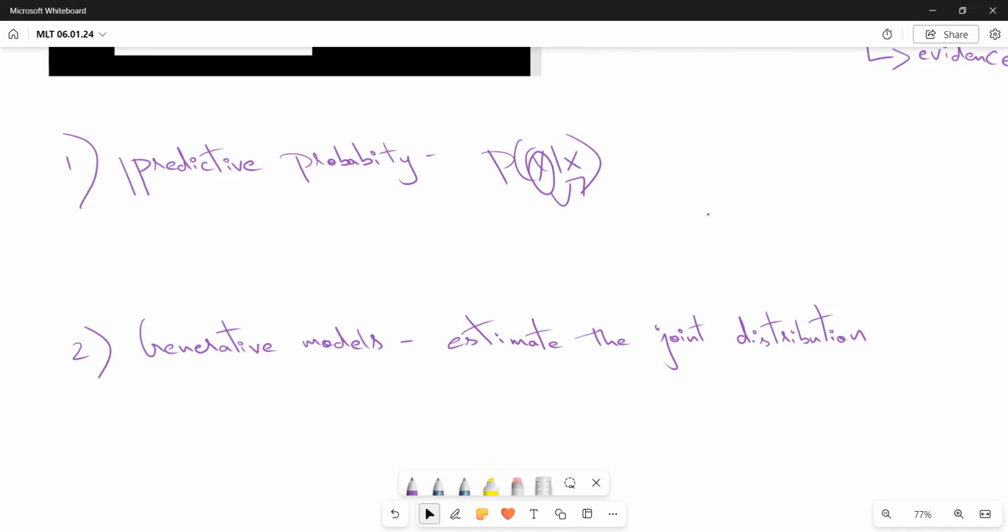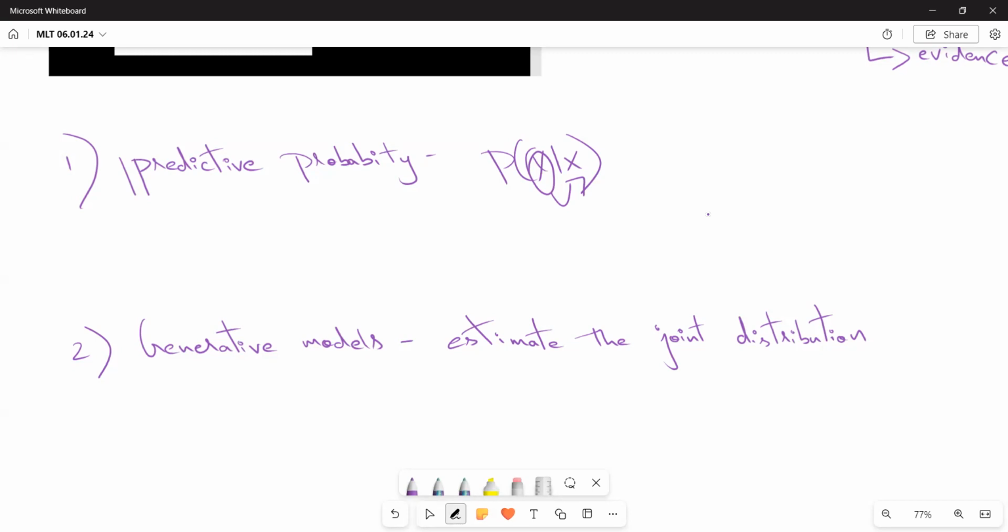Once the joint distribution is known, one can derive any conditional or marginal distribution involving the same variables.